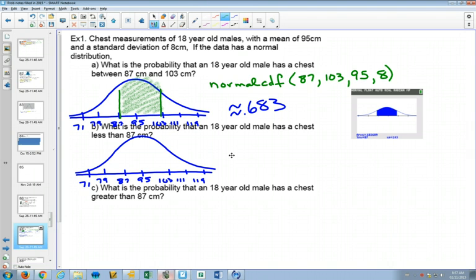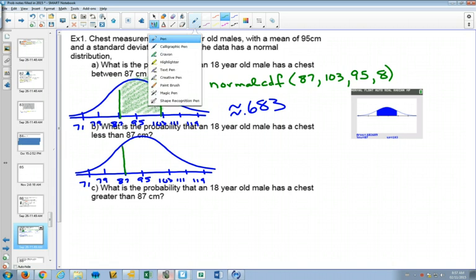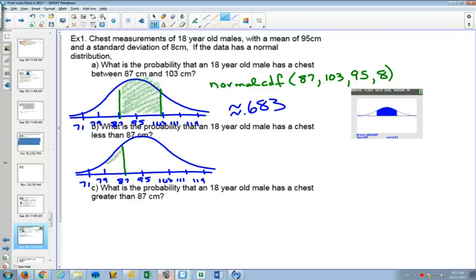And now we want to find the probability of less than 87. So now we're going to color in this section right here.